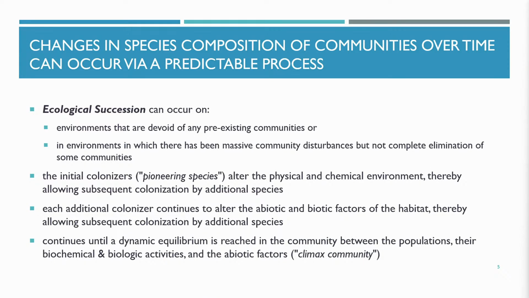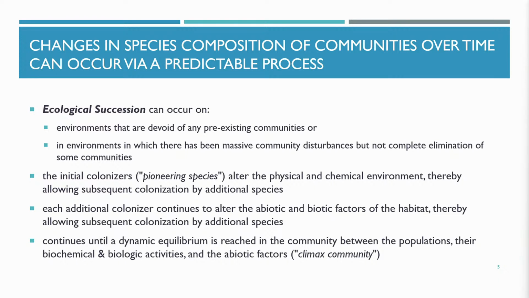So like I said, this is called ecological succession. This is a predictable process because we know that, over time, the changes in the species composition of communities will start to reestablish themselves, and it's a predictable process in terms of some primary species that need to be there in order for secondary and tertiary species to grow.